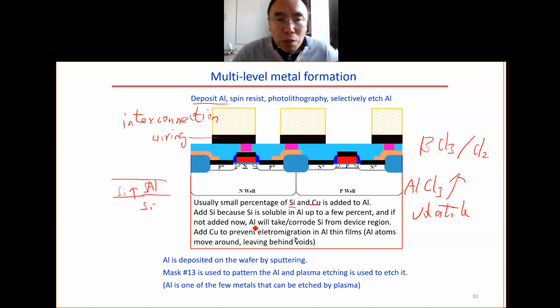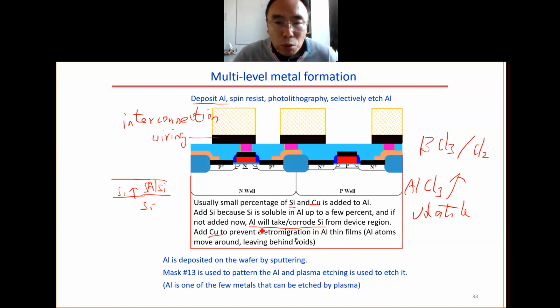This way, aluminum will corrode the silicon from the device region. This is not good. But if we already have silicon in the film, then silicon will no longer come into the film. So we add silicon to avoid the erosion that takes silicon away from the device layer.